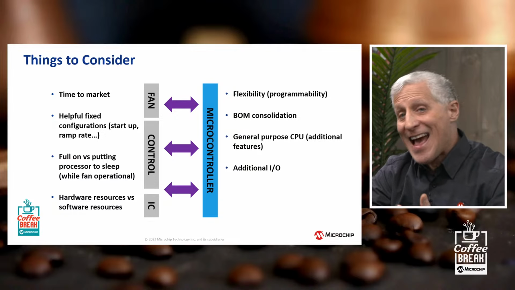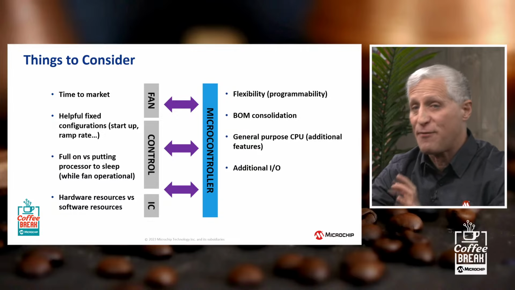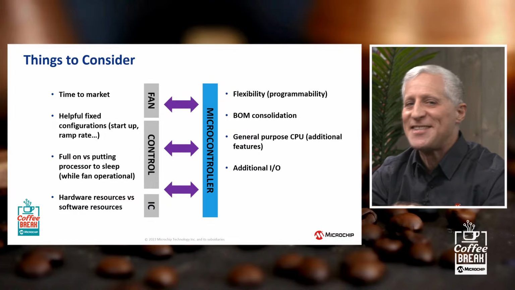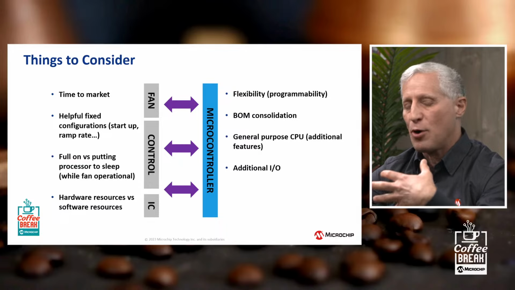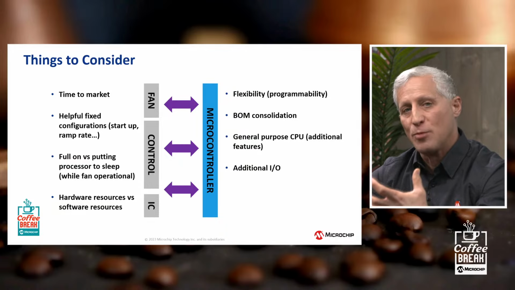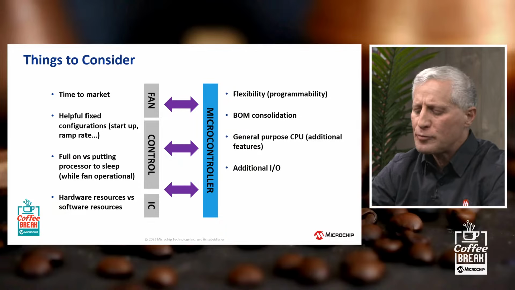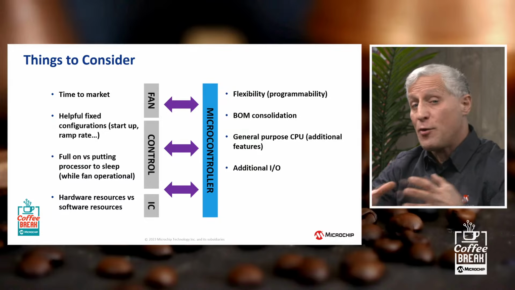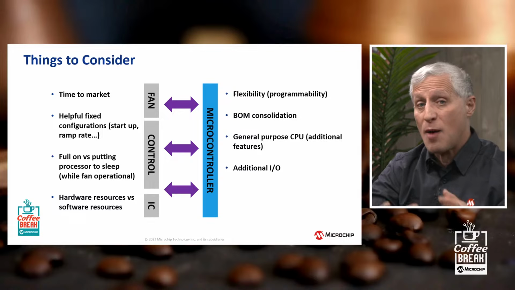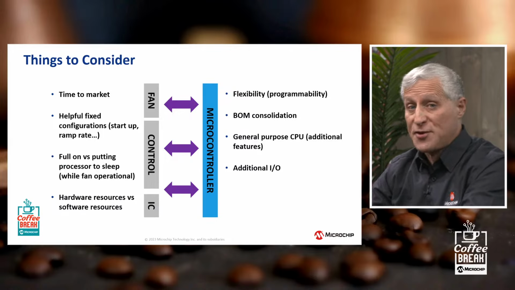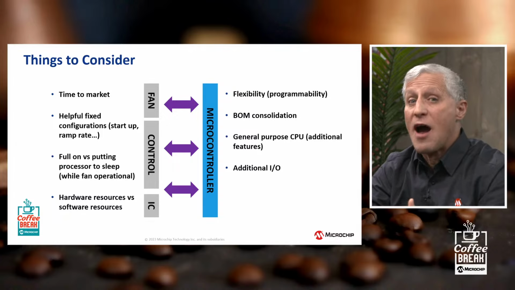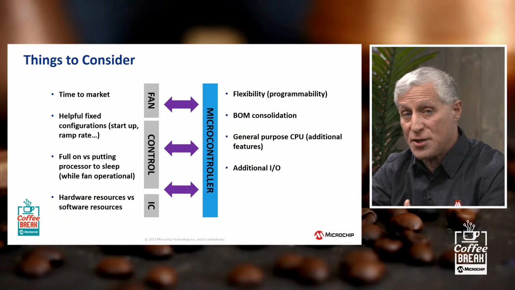And then lastly, also something a little more subtle, is your division of labor and what you're comfortable with in terms of design. Some companies and engineers are more comfortable with hardware design, some with software design, and you need to figure out what's best for you and your design team.